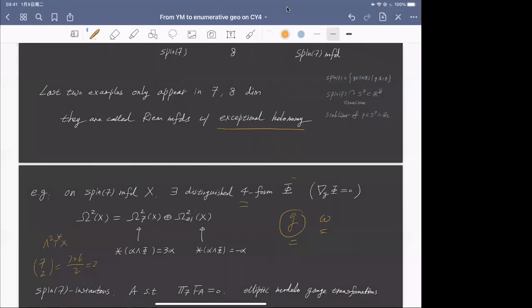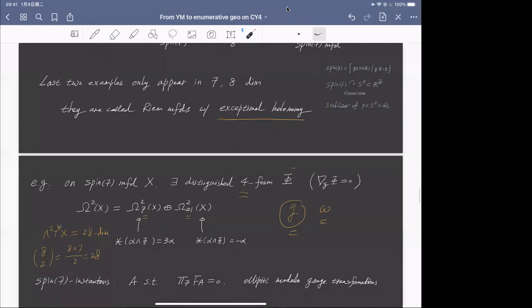Sorry, X is 8-dimensional, although it's a Spin(7) manifold. So 8 choose 2 is 8 times 7 over 2, which is 28. So this is 28-dimensional. The 7 means a 7-dimensional subspace, and the 21 means a 21-dimensional subspace. The index denotes the dimension of the subspace.